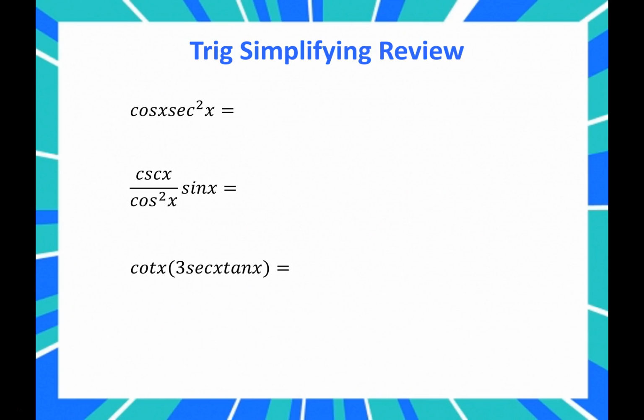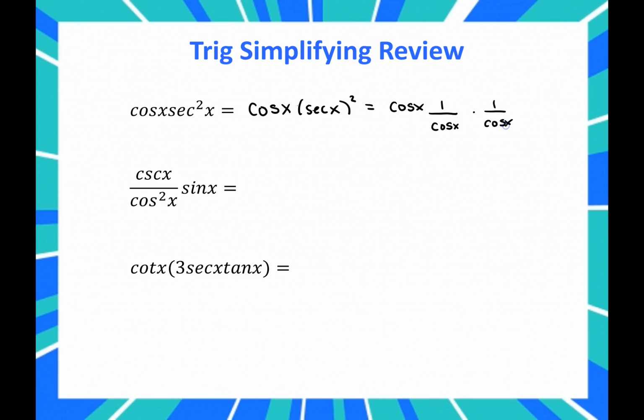So here we're going to simplify trig expressions, and this is just a way to make sure you know what each of these functions stands for. In this case, I can rewrite cosine x times secant x squared as cosine x times 1 over cosine x times 1 over cosine x.